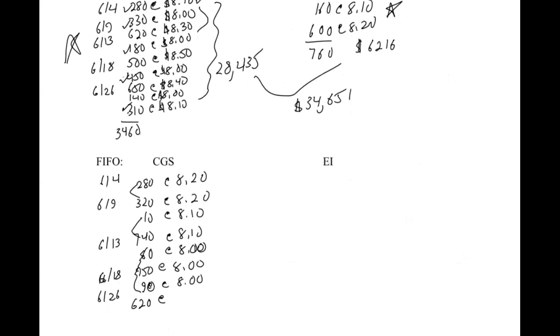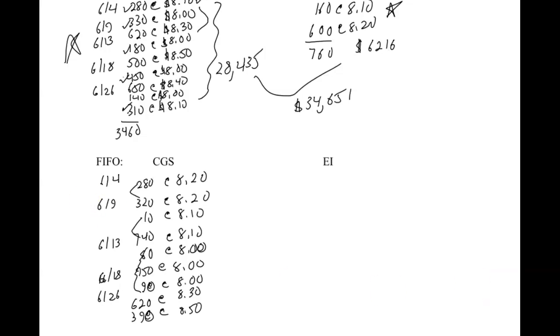All right, so 620 at 830, and we're trying to get to 1100 units here. We're only at that 710, so we need 390 more, and that comes from the next purchase that was at $8.50 that took place on the June 15th purchase.